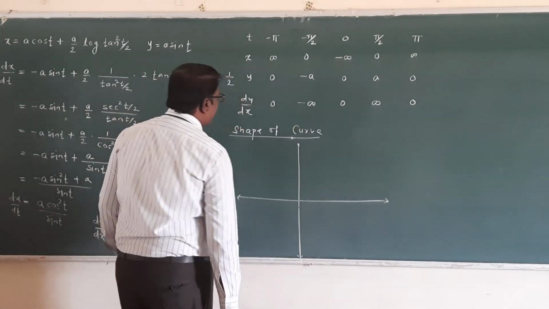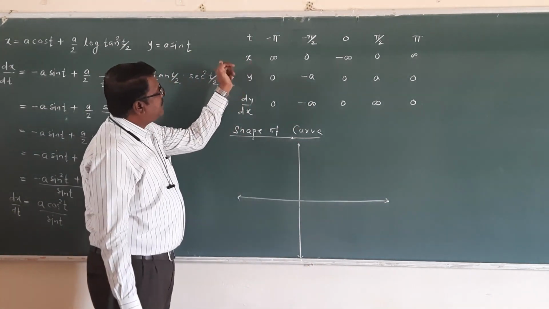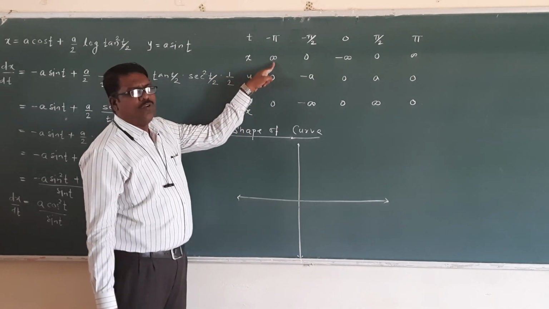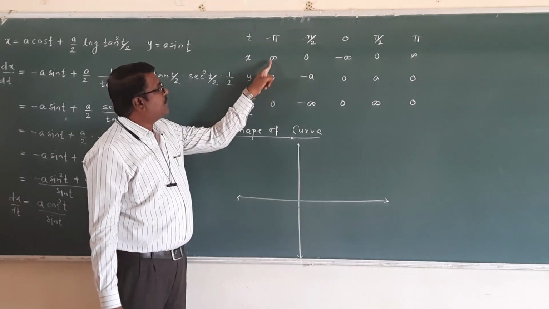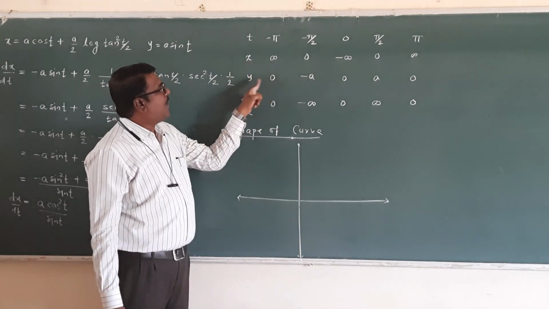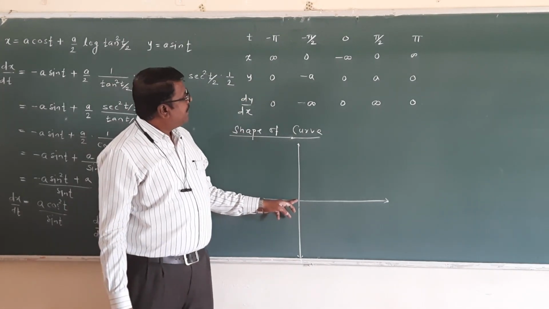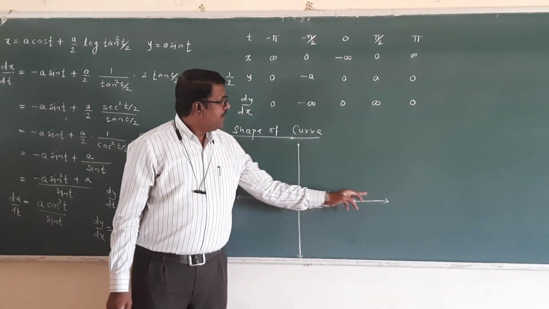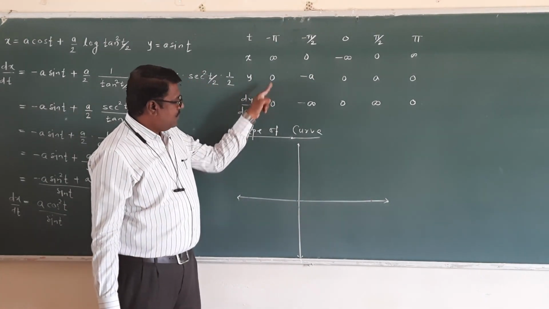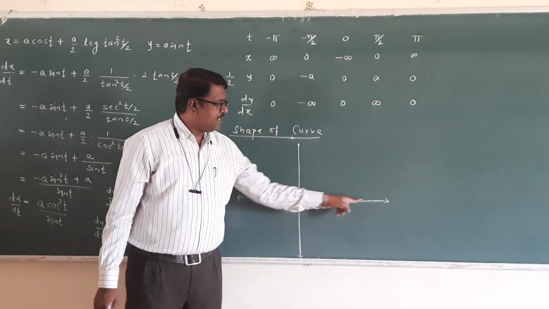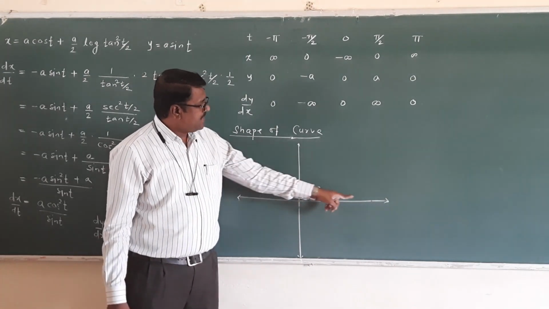Now we will plot the points when x is infinity, y is 0. So y is 0 means on the x-axis, and x is plus infinity.